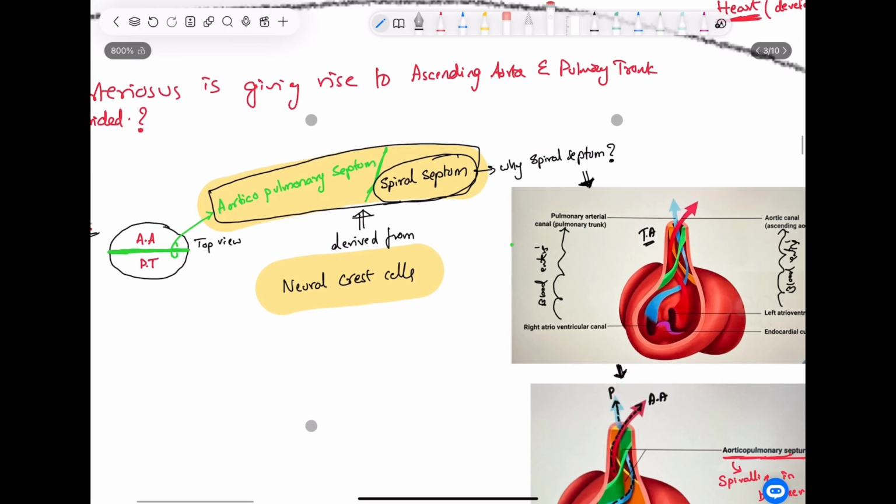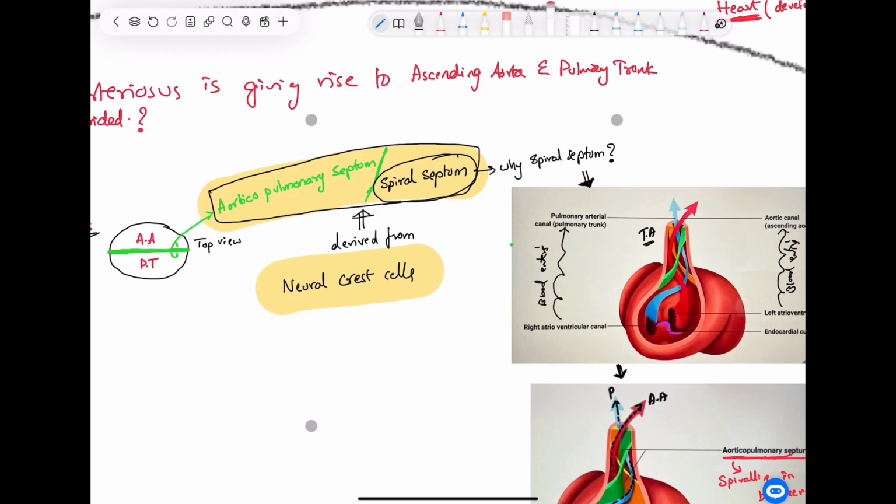So why spiral septum? Can anyone say? If anyone knows, please comment, and I'll tell you about the spiral septum formation. The spiral septum is a structure that divides the truncus arteriosus into the aorta and pulmonary trunk. And how is it formed?